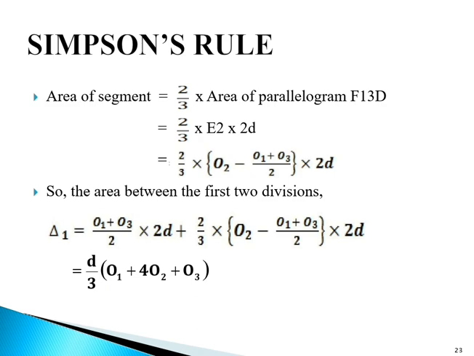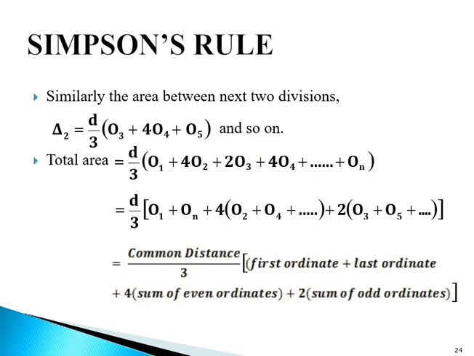So the area between the first two divisions will be delta 1 is equal to O1 plus O3 divided by 2 into 2D plus 2 by 3 into bracket O2 minus O1 plus O3 divided by 2 bracket over into 2D. Further it is simplified into D by 3 into bracket O1 plus 4O2 plus O3.